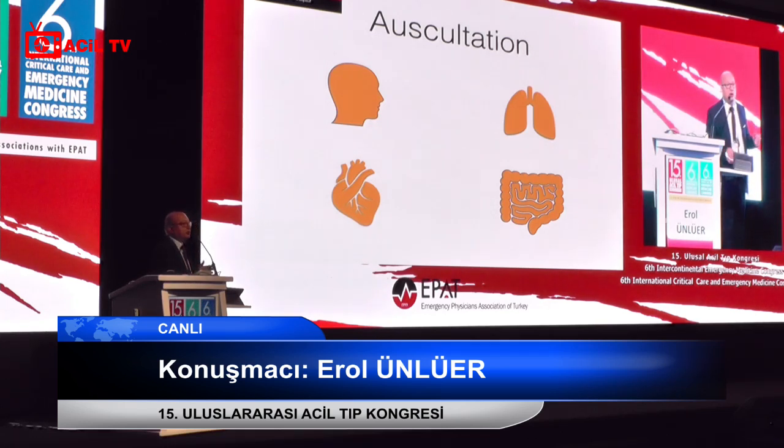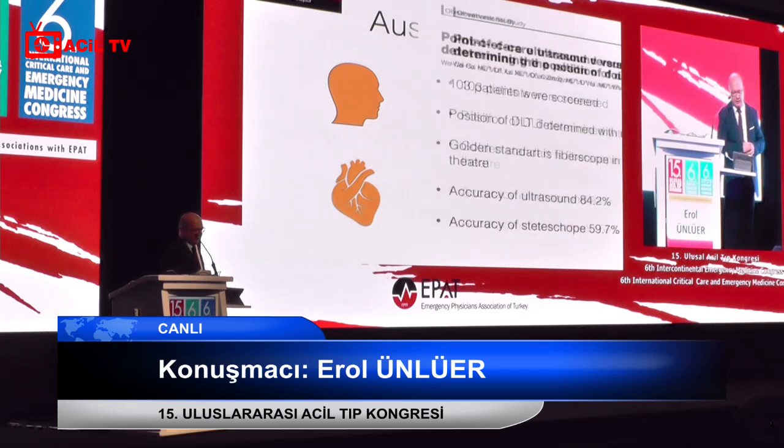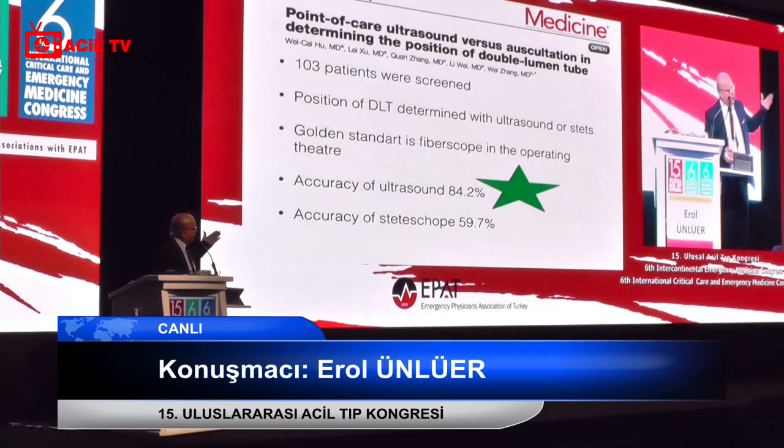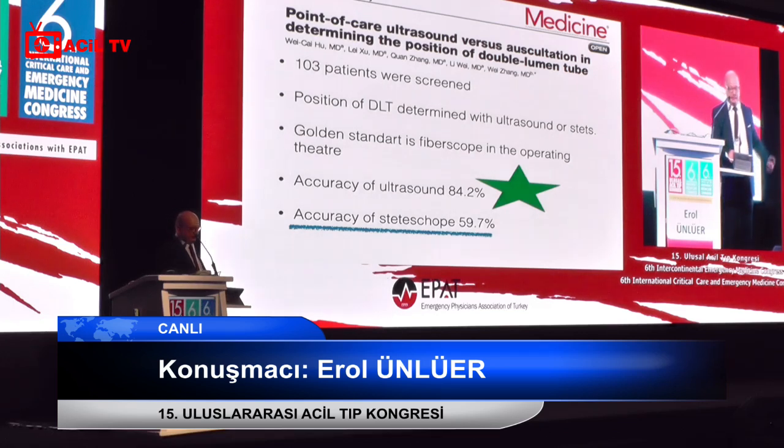Also, we can use our ultrasound machine for the auscultation steps of physical examination. How? For example, to determine the correct location of a double lumen endotracheal tube with a high accuracy, over 80%, compared to the stethoscope, which has an accuracy of 60%.